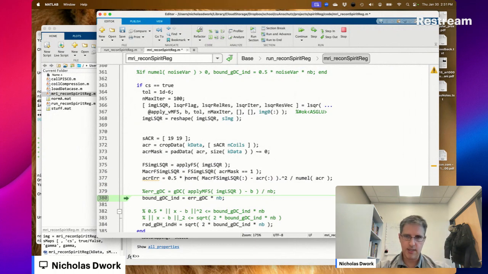So make it the same. So I could just use the 2 here. I'll put a 0.5 there.